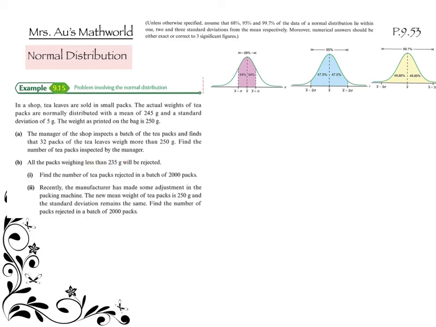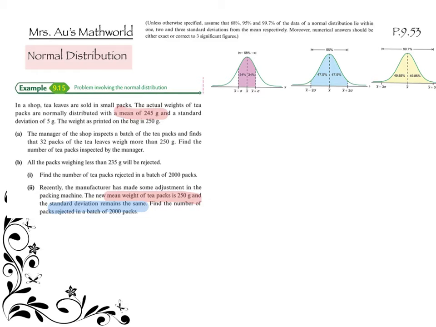So part B2 will be something new. Part B2 says that recently the manufacturer has made some adjustment to the packing machine. That means the graph will change. It says the new mean weight is 250. Of course, we need to check with the original one. The original one is 245, and the new one is 250. And it says the standard deviation remains the same.